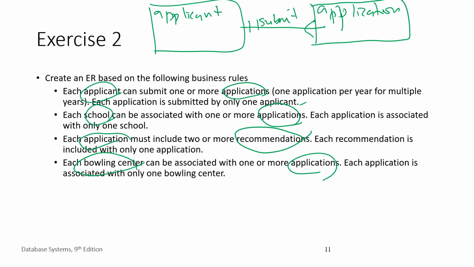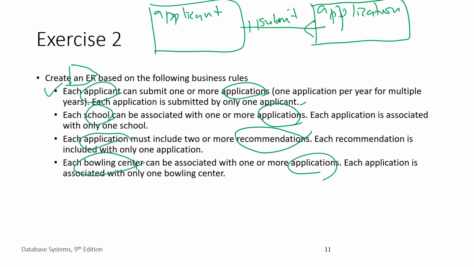Either you write the ER diagram separately, or make a connection in only one ER. But since it says create an ER, it looks like they want you to create only one connecting ER. So we can connect it.